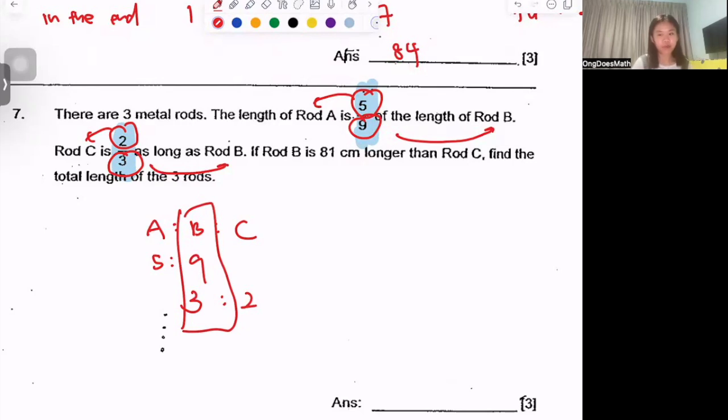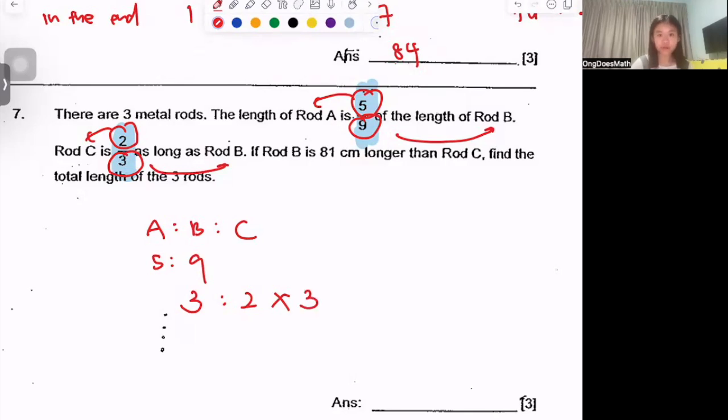You can only have one name at one time. You can't have 2 names at one time. So we're supposed to make B the same in both the first scenario and second scenario. So the lowest common multiple is actually 9. And that will mean that the second row, whole thing must times 3.